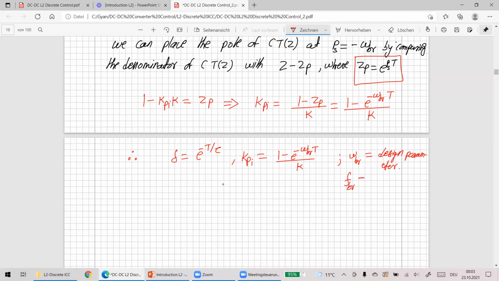And if there is no input given, you can always choose your bandwidth like this. This switching frequency divided by 10 is done so that we do not see the switching harmonics in our control. And now you can find the KP, which is del into KPI. If you just rewrite them, it is e power minus T over tau into (1 minus e power minus omega BR T) over K. This is your KP.